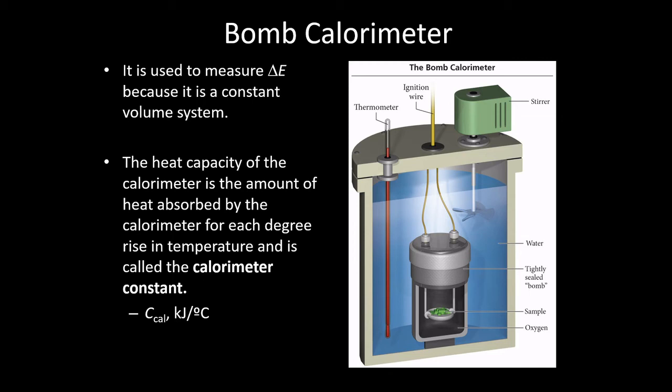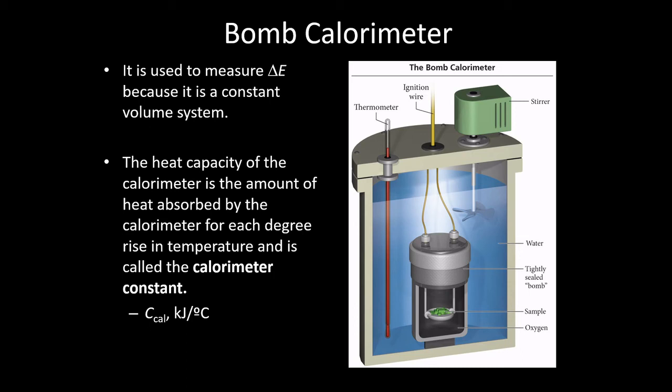I do want to mention bomb calorimetry, just because it is a topic that's discussed in the book, and it is a very useful instrument, the bomb calorimeter. It's not nearly as intense as it sounds. It sounds like something out of a sci-fi movie, but it is very cool and very useful, but having the word bomb in there makes it sound much more exciting than it actually is. Essentially what a bomb calorimeter does is it allows you to determine the caloric content of materials.